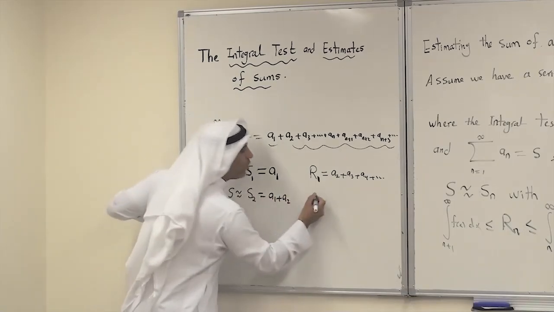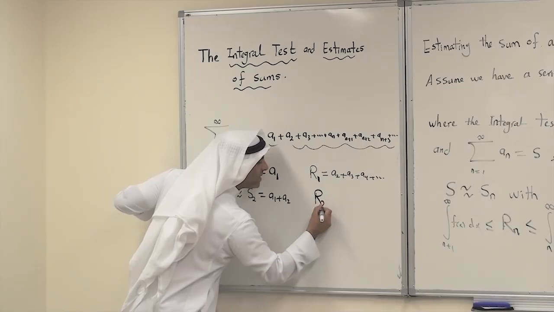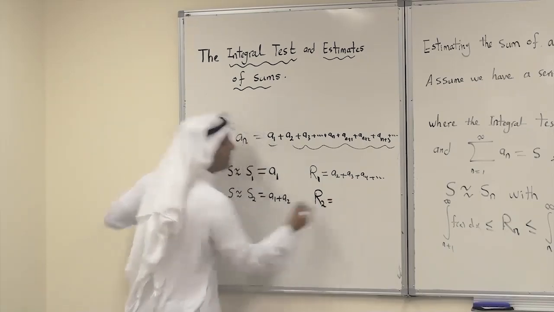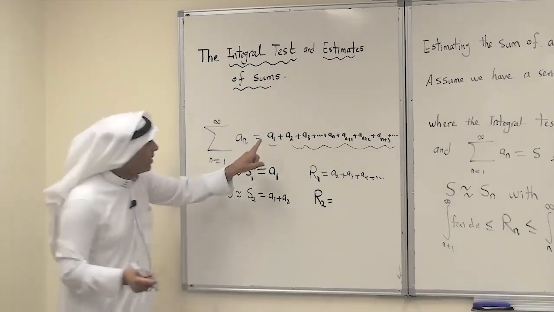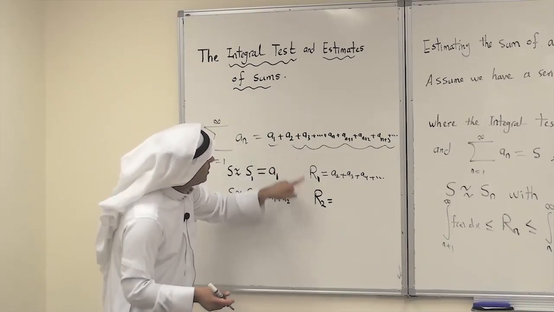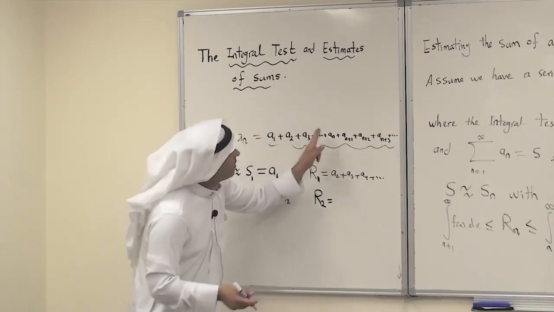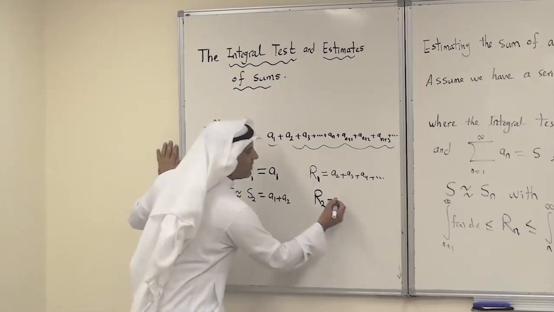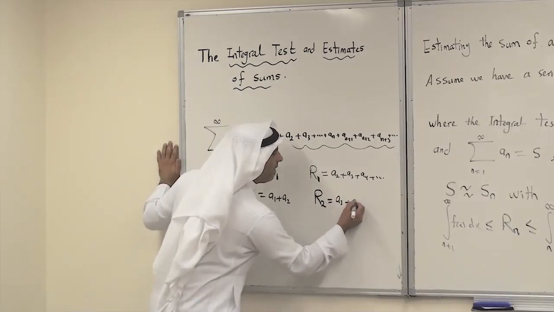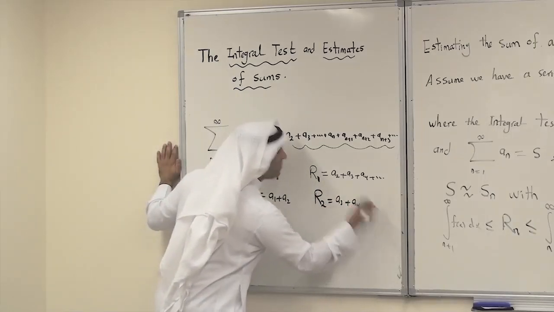Now the question: what will be the error involved in this estimation, R2? If you are taking only the first and the second element, your error will be A3 plus A4 plus etc.